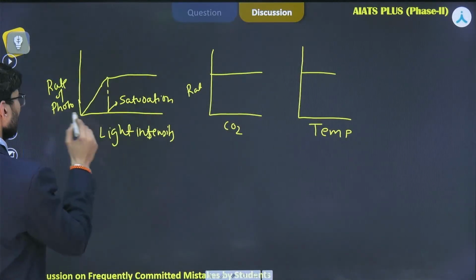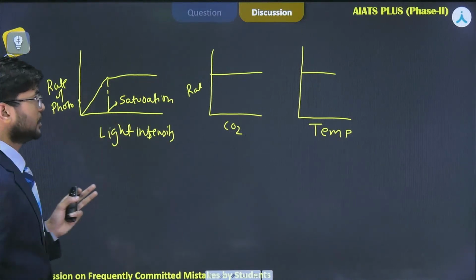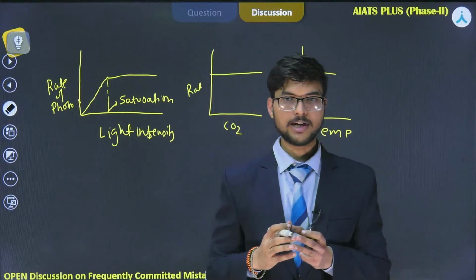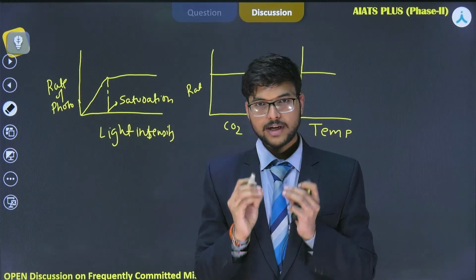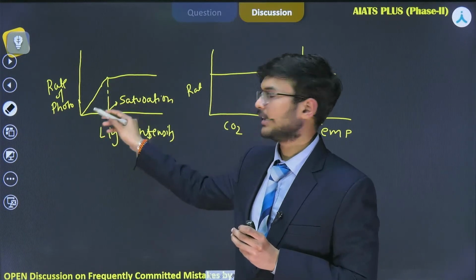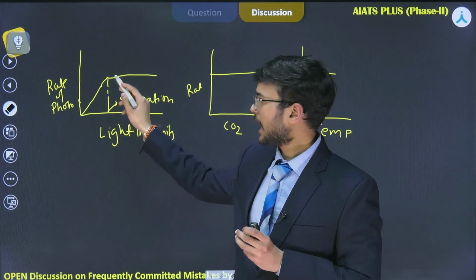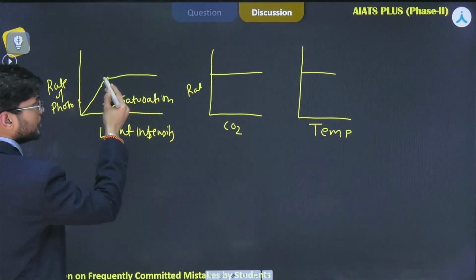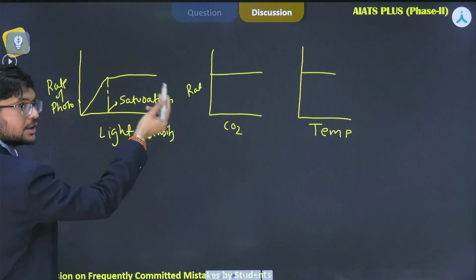So for the light intensity, you will find that when there is a low light intensity in the environment, the rate of photosynthesis will increase as we increase the light intensity itself. But after a certain point, you will find that the light intensity has no effect on the rate of photosynthesis.